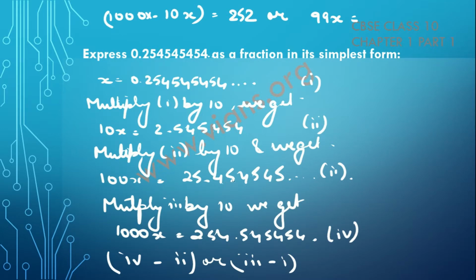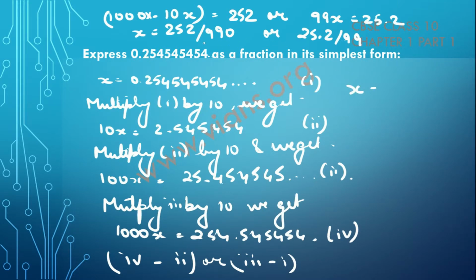On the second decimal place you have 5 over here and 4 over here, third decimal place you have 4, fourth decimal place you have 5. So everything will cancel from there. But 25.4 minus 0.2 will give you 25.2. So x by extension is going to be 252 by 990, or 25.2 by 99. Either way, you're still getting the same answer, irrespective of how you solve this.